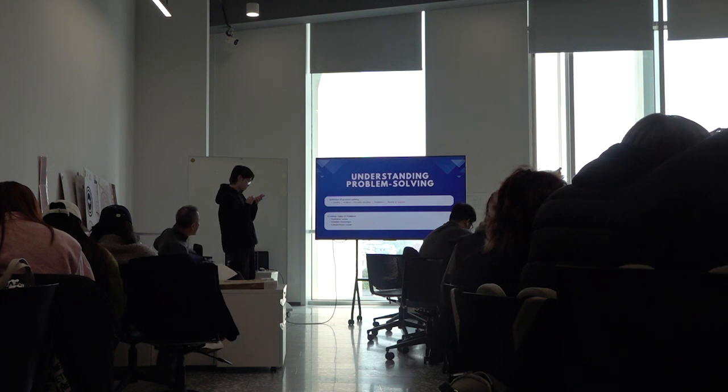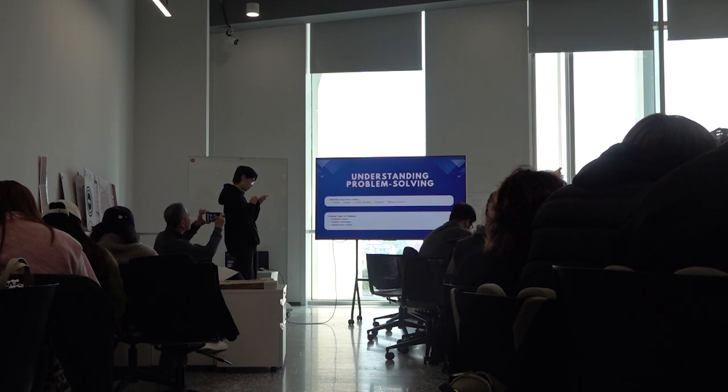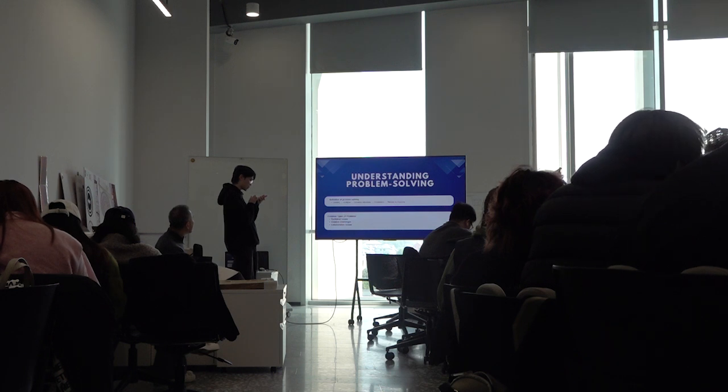Creative challenges such as complex interfaces and design blocks can be overcome through iterative testing and user feedback. Collaboration issues, often caused by miscommunication, can be resolved with clear documentation and regular discussions. Effective problem solving is not just about fixing issues, but continuously improving and adapting to future challenges.